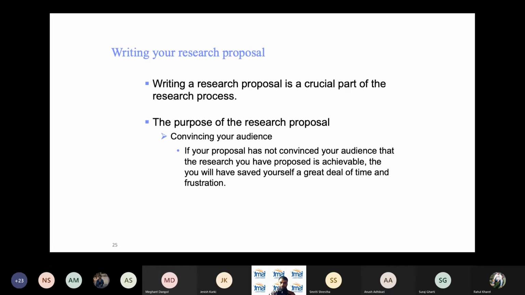And when you say chapter 1 introduction, then you can write 1.1 background, 1.2 problem statement, 1.3 research questions, 1.4 research aim, 1.5 research objective, 1.6 rationale for your study or significance of your study. You can include the limitation also if any. Mostly the limitations are written in the final report, but if you are clear on a certain aspect of the research, you can state that limitation in the proposal also.